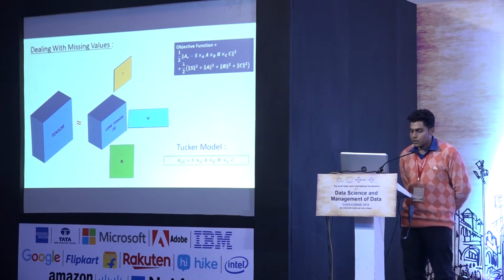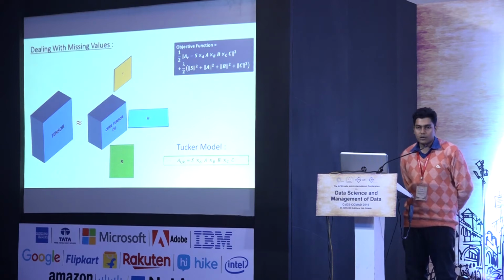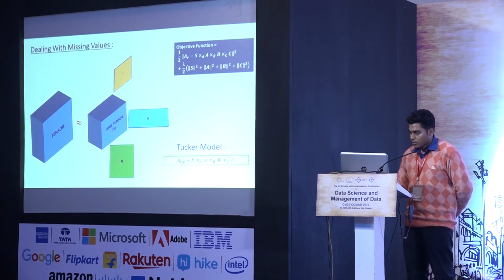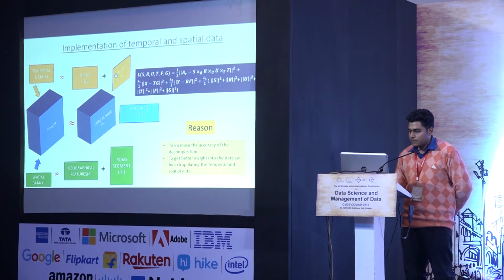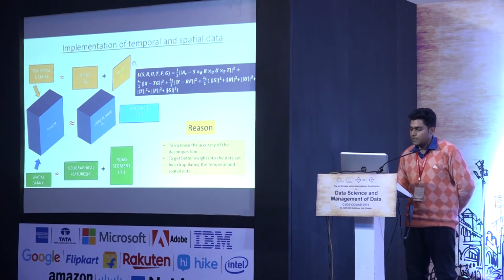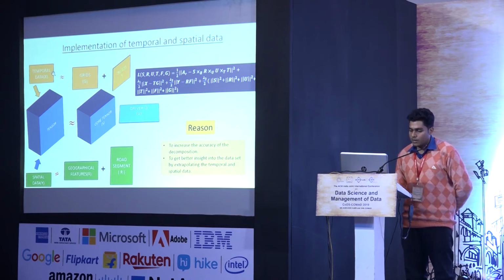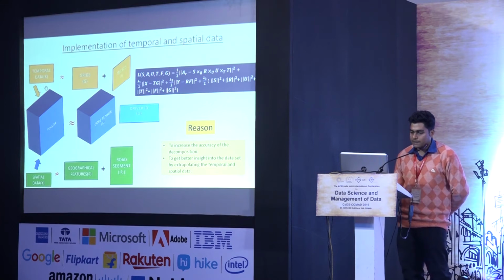But using only the Tucker model is not quite good, because in this case the data is quite sparse. So we have improvised by taking the temporal and spatial data from the Uber dataset and inserting this into the tensor to get a more accurate model. So here X is the temporal data, Y is the spatial data.